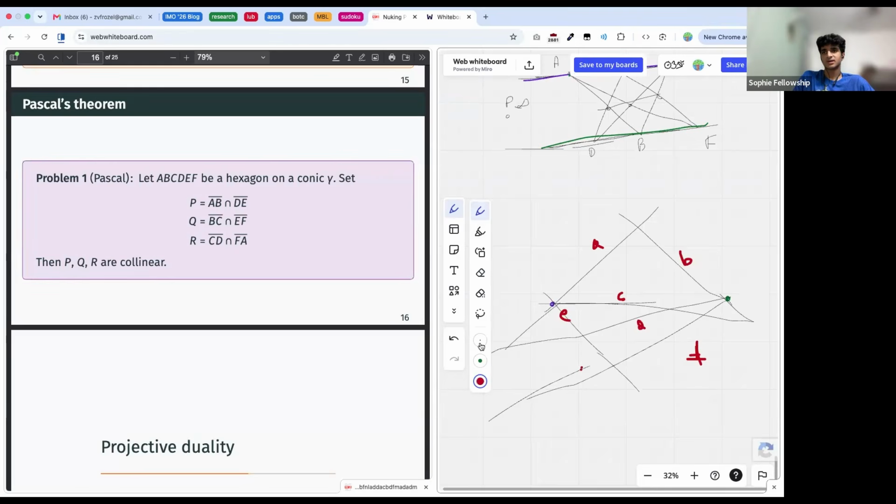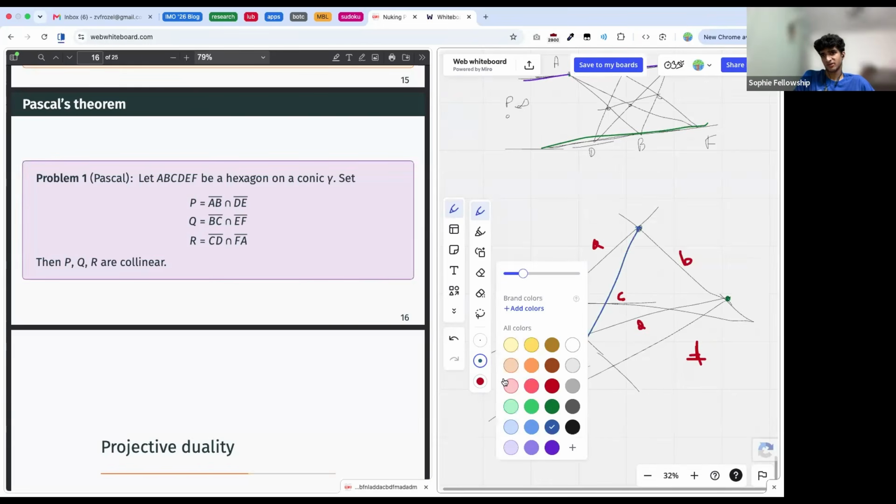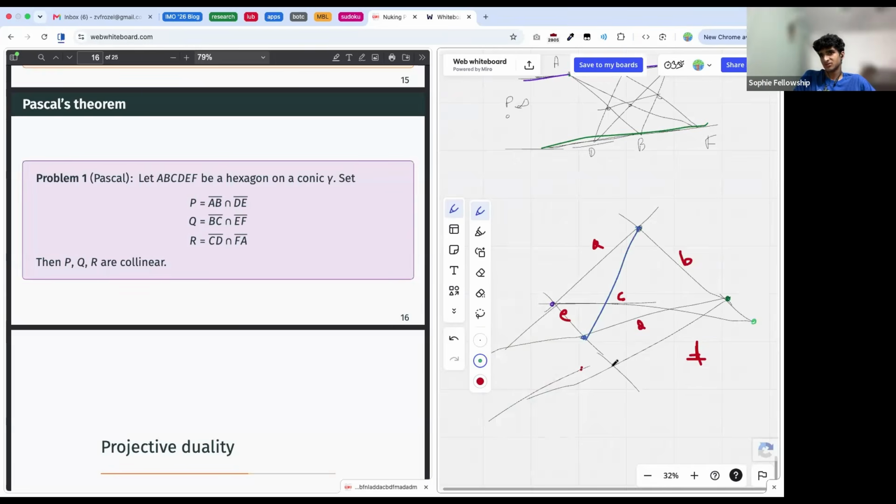Then the new statement of Pappus is going to say that if I take the line joining these two points, let's give them a color, the two blue points, and now the next one is BC cap EF. So I'm basically going to take the intersection of B and E and take the intersection of B, E, and F over here.